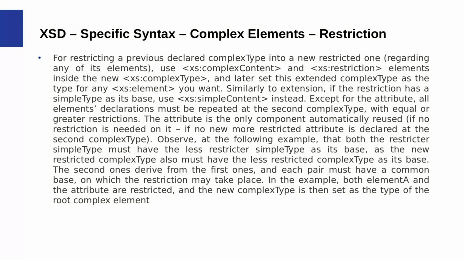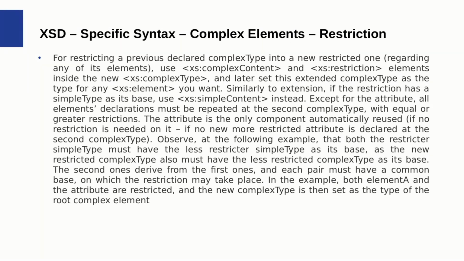So the attribute is the only component automatically reused between the two complex types, the first one, the base complex type, and the restricted complex type, if no restriction is needed on it.